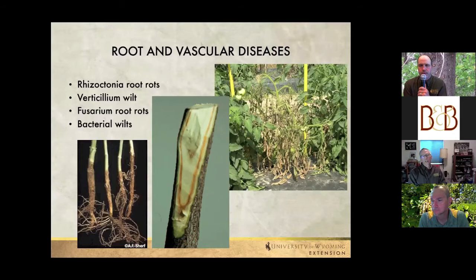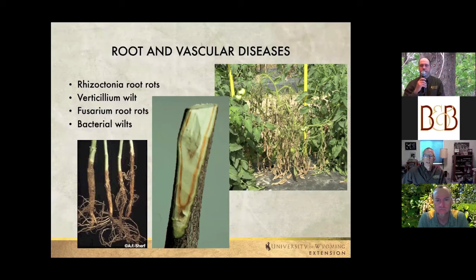Root and vascular diseases. So I'll see these every now and again too. And these can be caused by bacteria or fungi. A root disease is something where the pathogen actually attacks the root, okay? So anytime you attack the root, you're going to see effects above ground because the plant can't get proper water and nutrients.